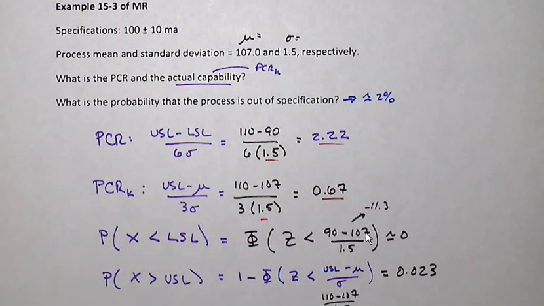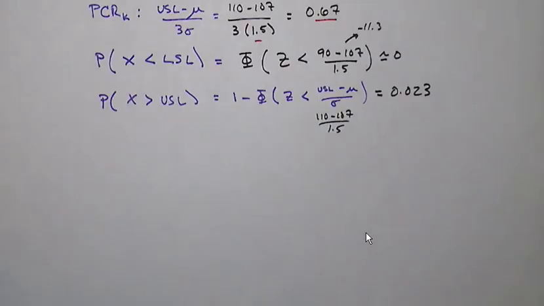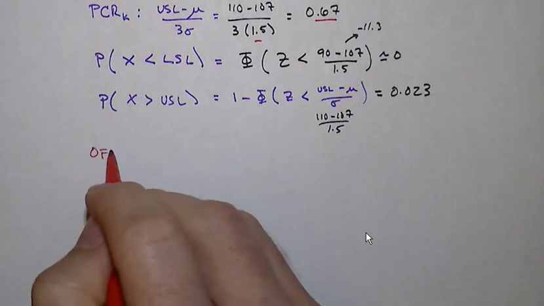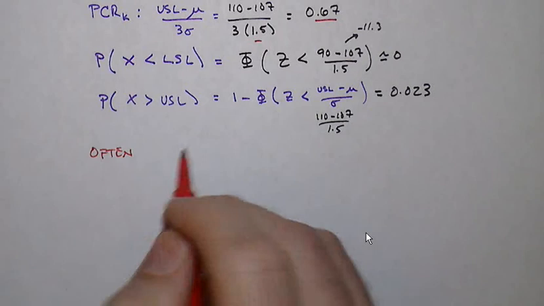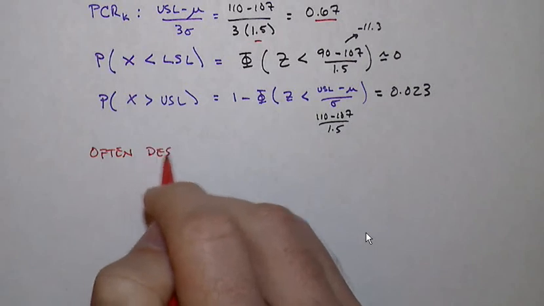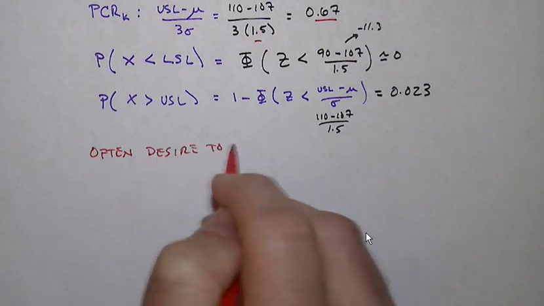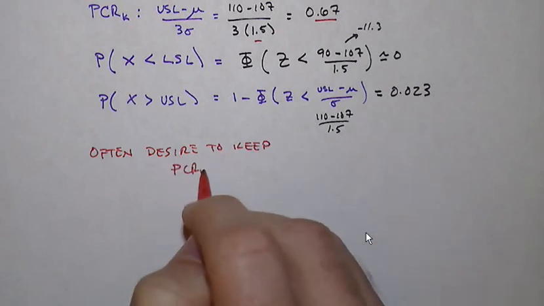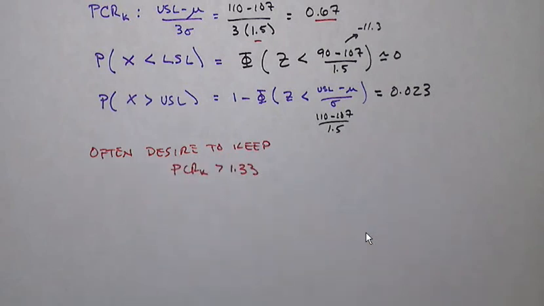Okay, and one last aspect of this whole PCRK business is that what we end up doing in production is we often desire to keep our PCR sub k greater than 1.33.